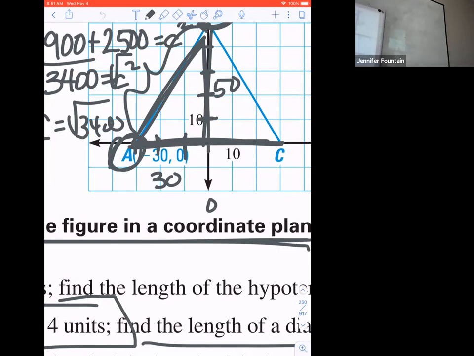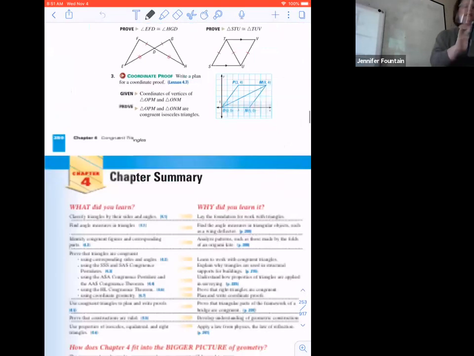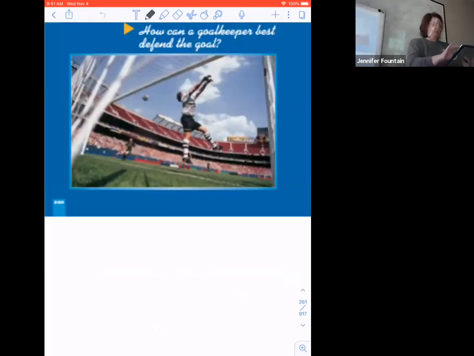All righty. So in chapter 5, we are starting out with perpendiculars and bisectors.